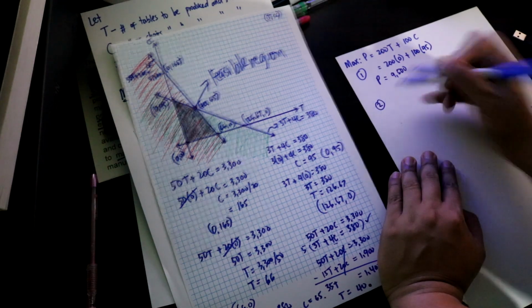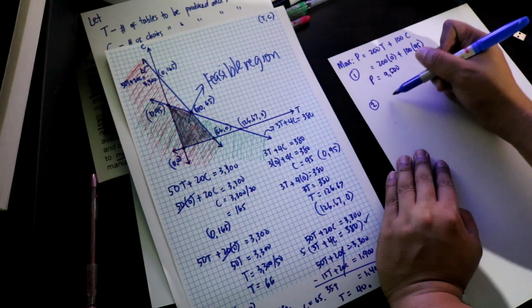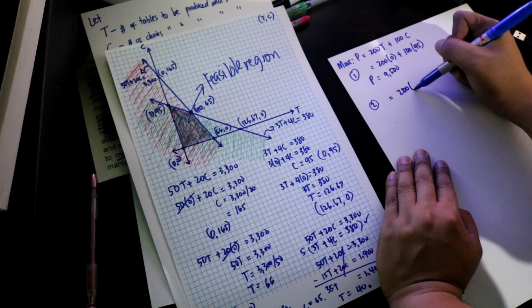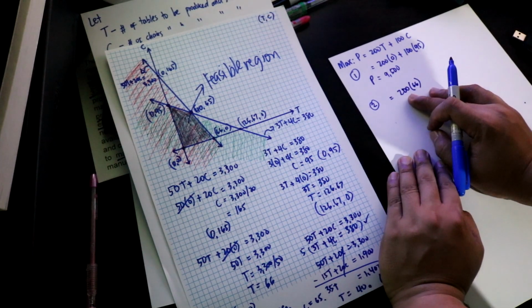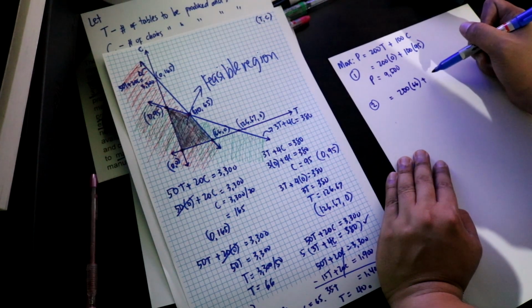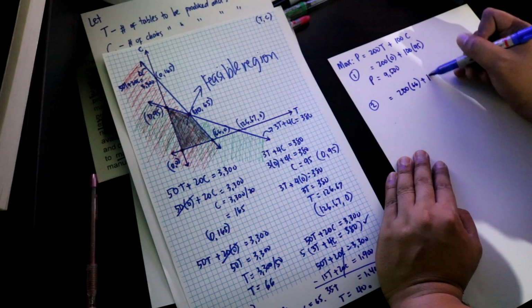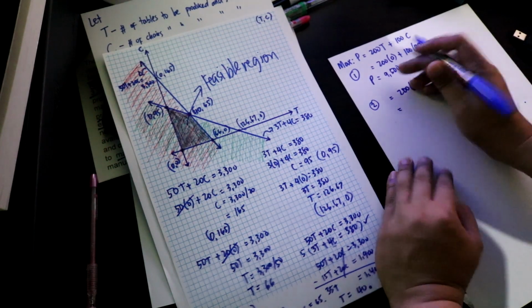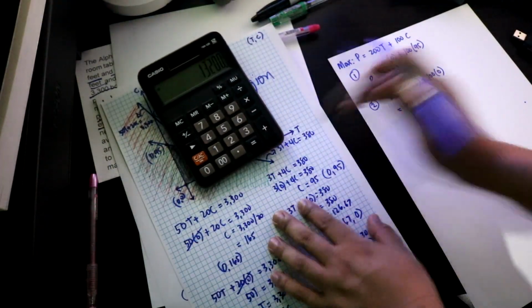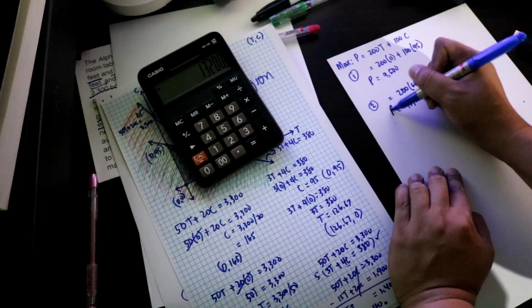Second would be this point here. 66, 0, meaning we are going to sell 66 tables, which will yield us a profit of 200 per table, plus we are not going to produce any chairs, so 100 times 0. 200 times 66 is 13,200 plus 0, then that would be our profit.